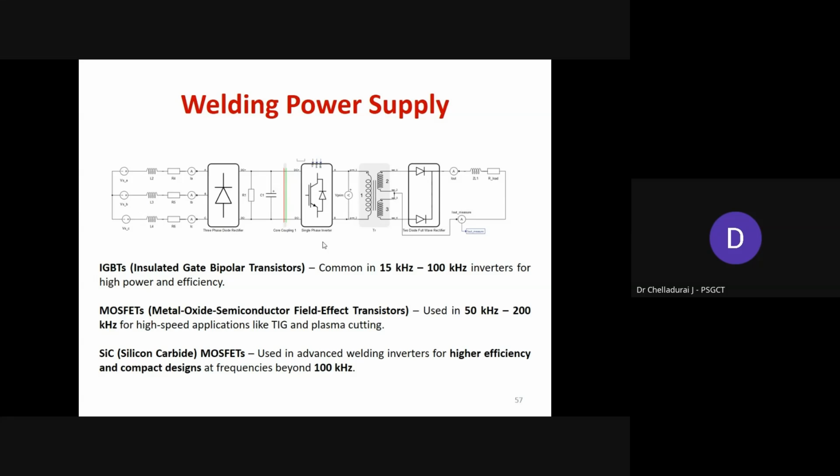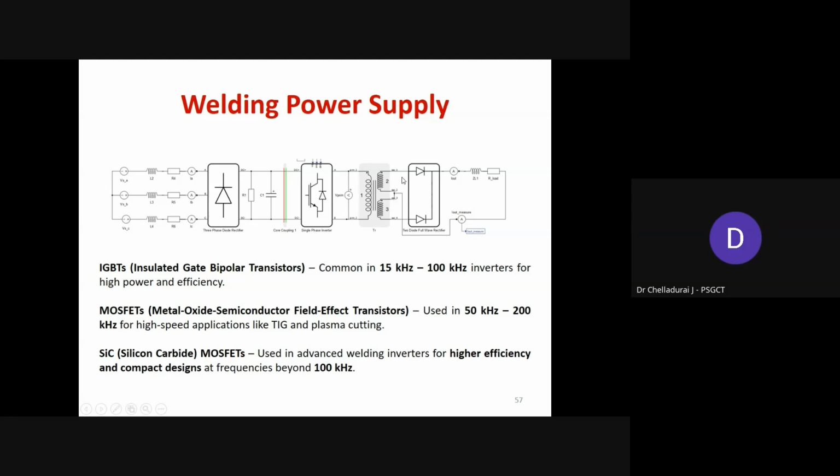By using this power converter topology arrangement, here AC is converted into DC with the help of a diode bridge rectifier, and then this DC is converted into very high frequency AC. The purpose of increasing the frequency magnitude in this welding power supply is to reduce the step-down transformer size.